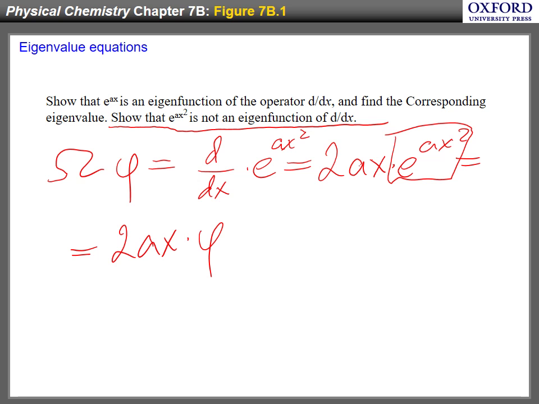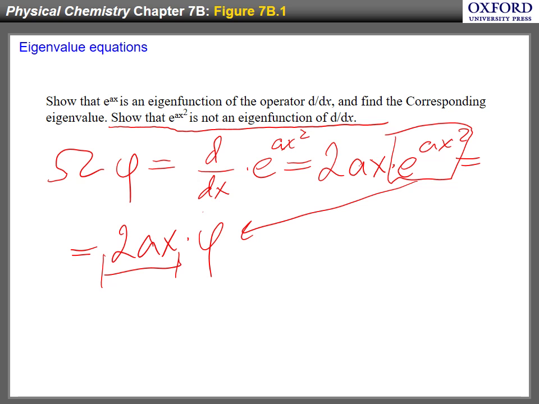Therefore, this is not an eigenfunction, because even though the same phi occurs, it's multiplied by a variable function, 2ax. It's not constant.